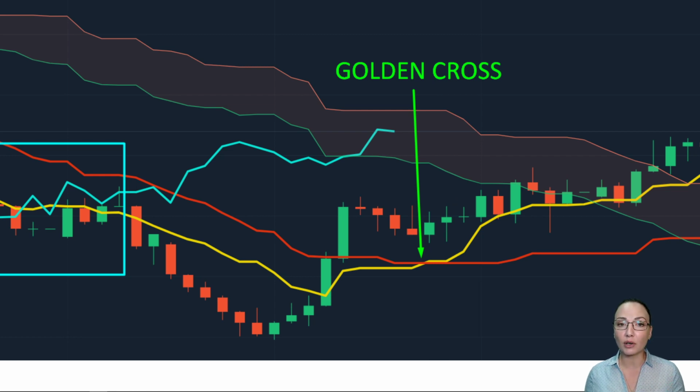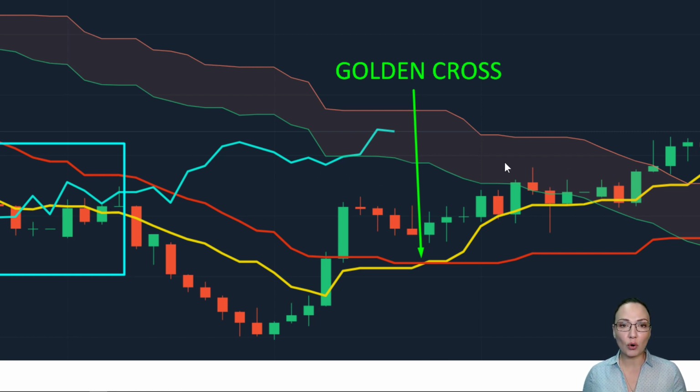If during the cross the price is above the cloud, this means that we have a strong buy signal. If during the cross the price is below the cloud, conservative traders may wait for the price to cross the Ichimoku Cloud, and this is also a buy signal. An additional signal is when during the cross, the Chikou line is crossing the price chart.